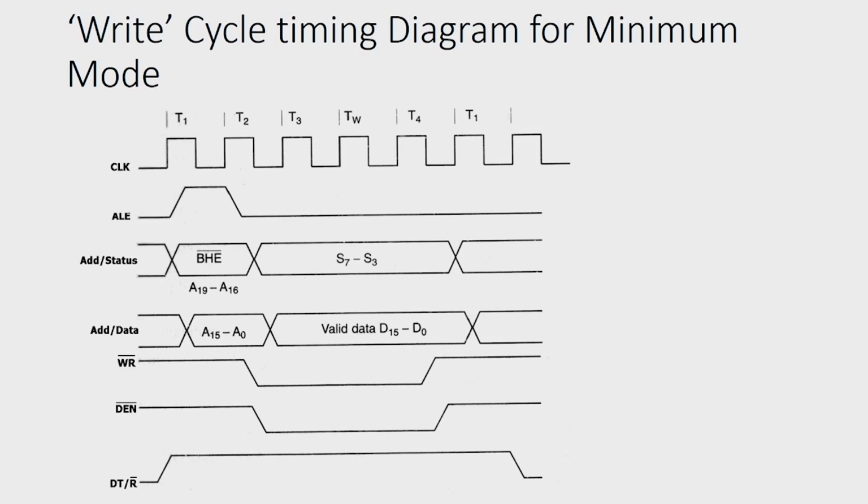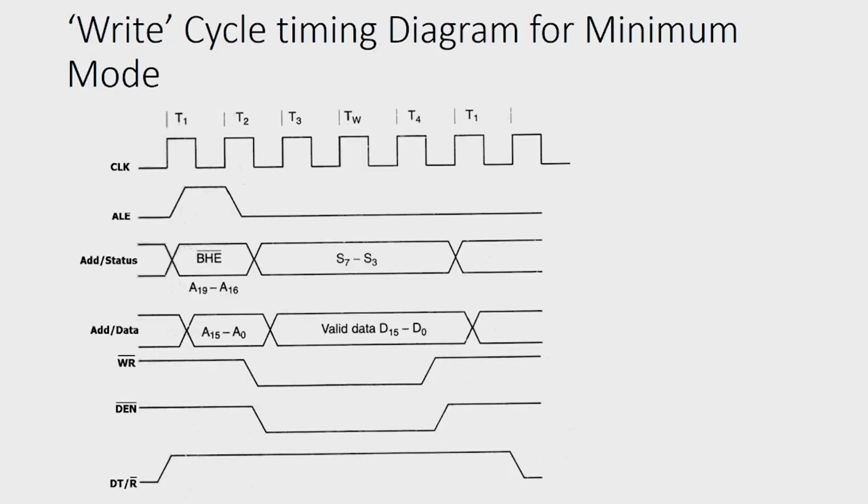Why? Because in the read operation, the peripheral device is a slow device, so the microprocessor has to wait; it cannot directly read. In case of write, the microprocessor is sending some data to the transceiver. Because the microprocessor is a fast device, it will send immediately. That is why DEN bar will be low early in case of a write operation, when compared with DEN bar of the read operation.